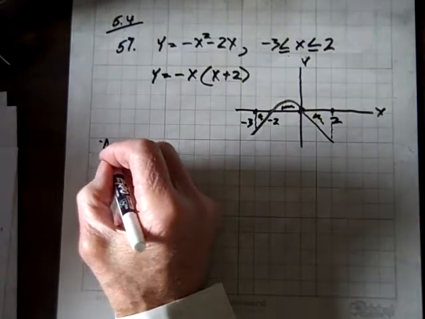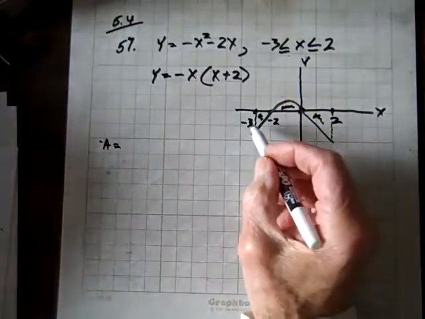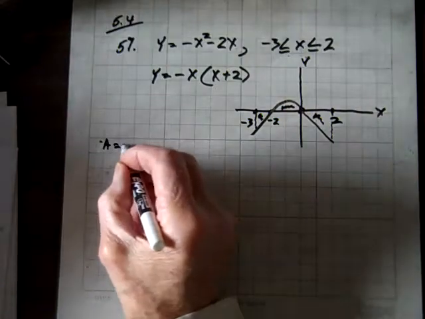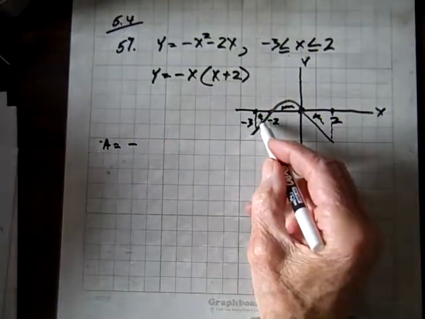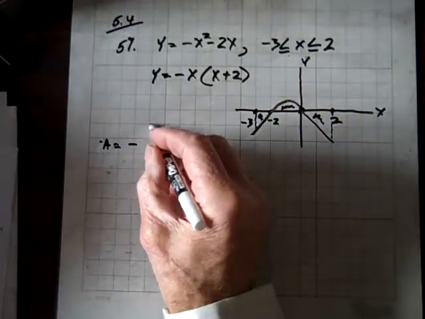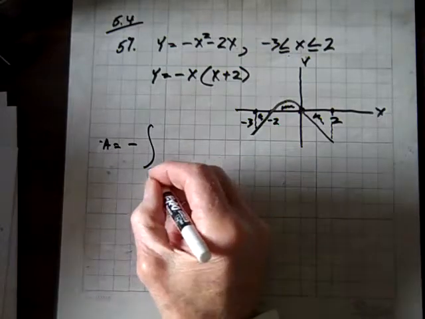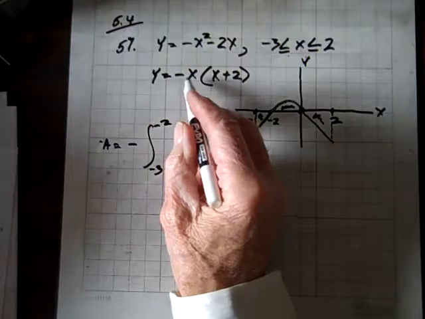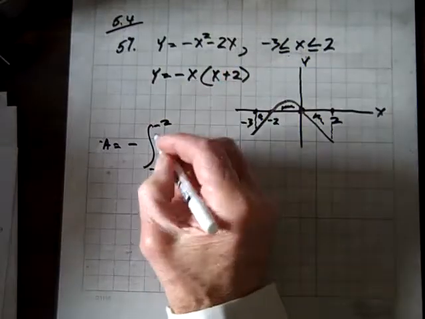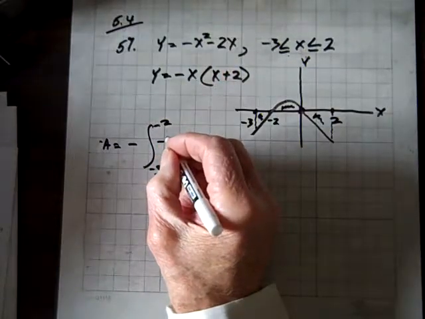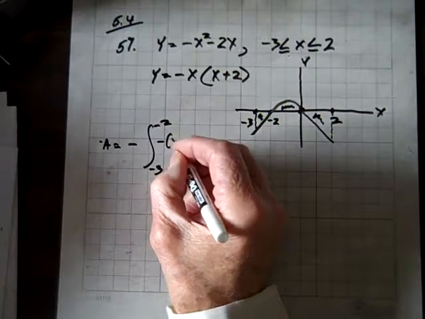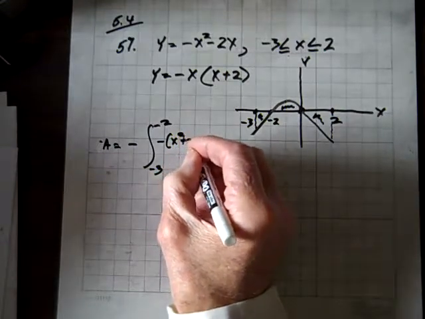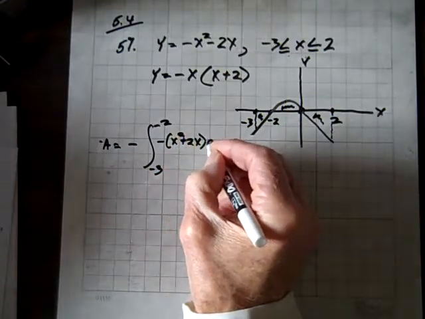And so the area equals, and starting from left to right, we have to multiply this integral by a negative. And we're going from negative 3 to negative 2. And now I think I'll factor a negative out of both of these terms, negative and x squared plus 2x dx.